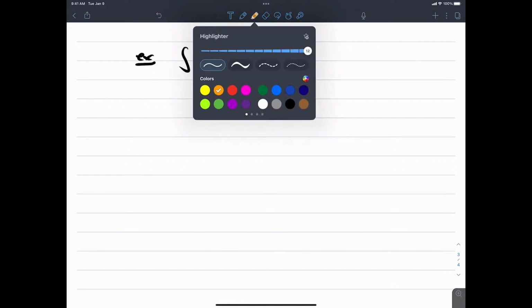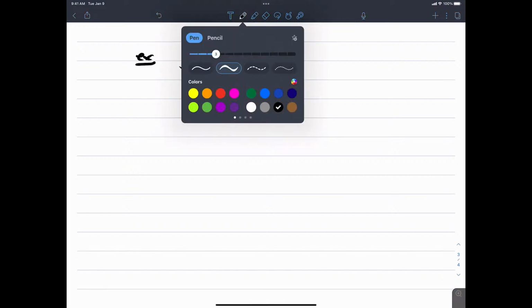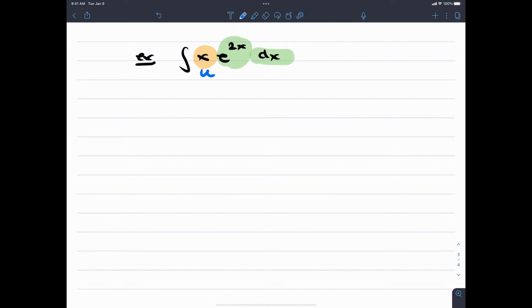Here's my u, right? If you let u be x, what do you guys know? Does that break down when you differentiate? What I mean by breaking down, the power reduces? The answer is yes. And so that's going to be my u.